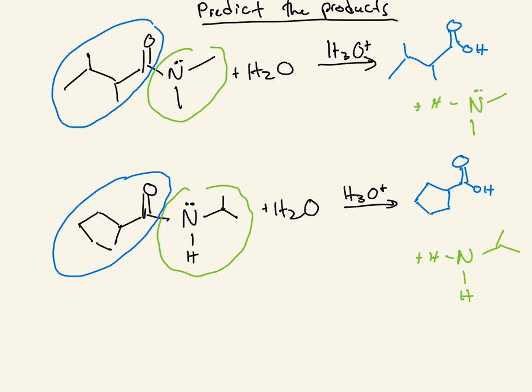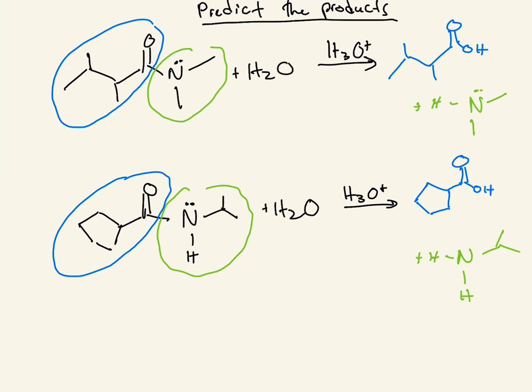And so these ones, I won't ask you to name the products, at least not the second one. The first one, though, I could ask you to name both the carboxylic acid and the amine, right? So what would be the name of the carboxylic acid here? For the first one. No, the cyclo is only for cyclic molecules, right?